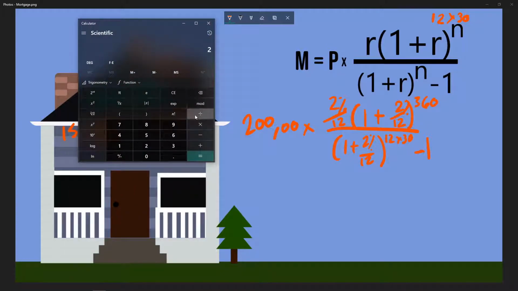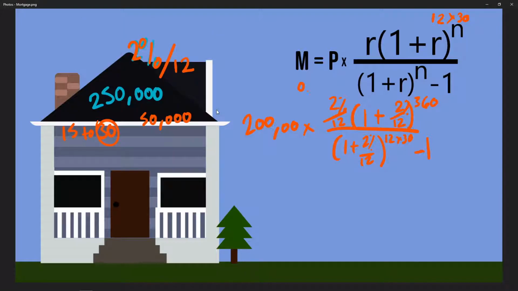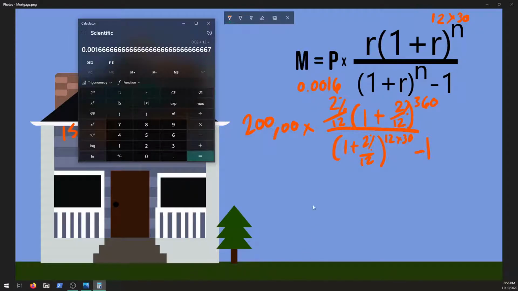So 2 divided by 12, or 2% divided by 12, so let's just do 0.02 divided by 12. That gives us a very long number. I'm going to be rounding, so the answer might be slightly off, but it'll still give you what you're looking for. So it'd be 0.0016. Then you're going to be multiplying that.